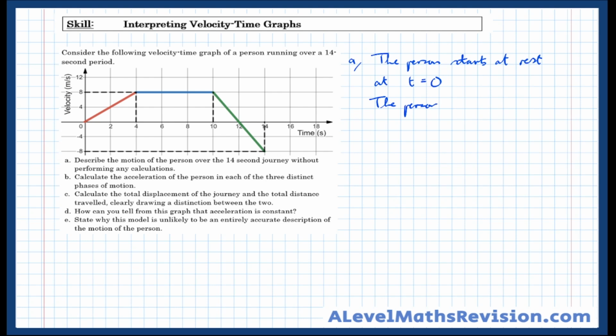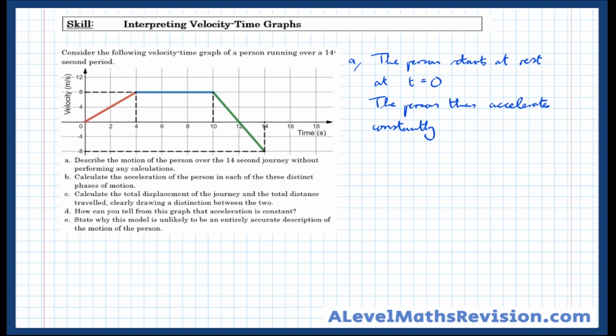The person then accelerates constantly. An acceleration is rate of change of velocity or change in velocity per unit time. So because the velocity is changing, we know that acceleration is happening.